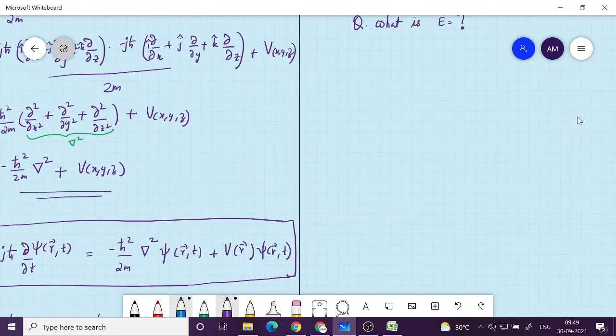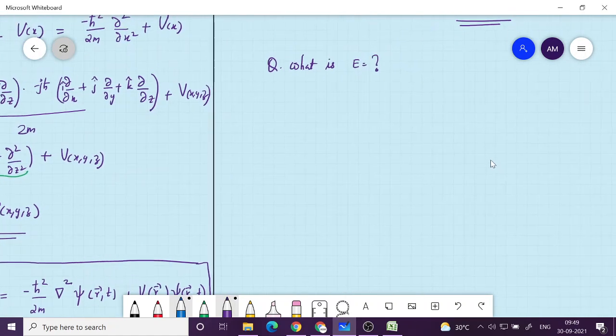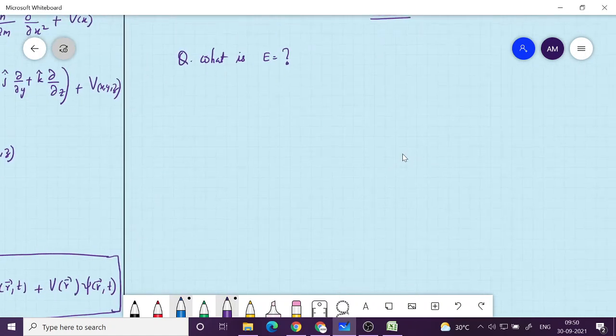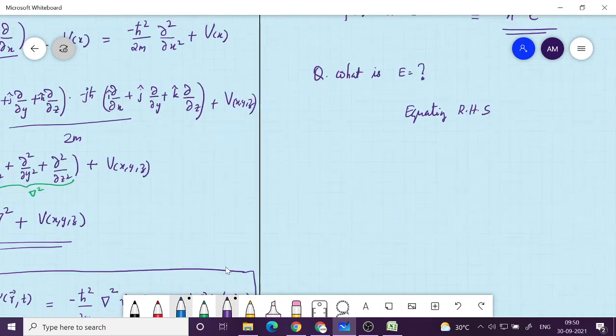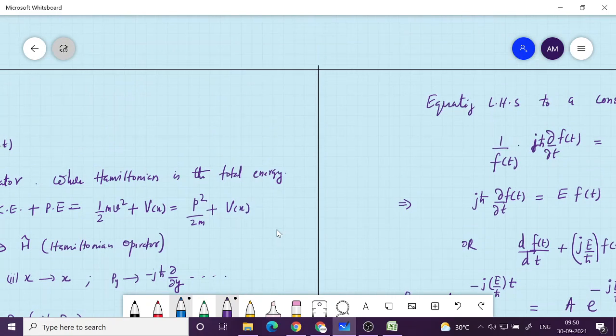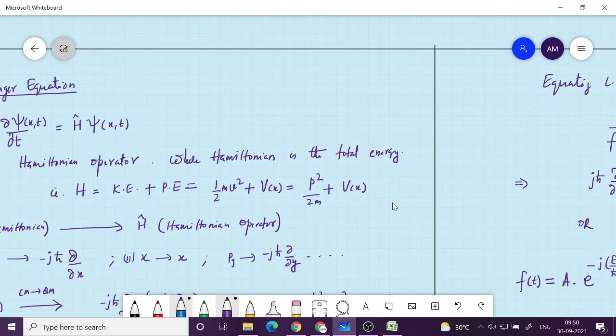If you look at the right hand side, that will give us another equation, equating the RHS. So let us give some name for this equation. Let's say 2, and by 1 I will give the initial equation as 1. So this is 1.